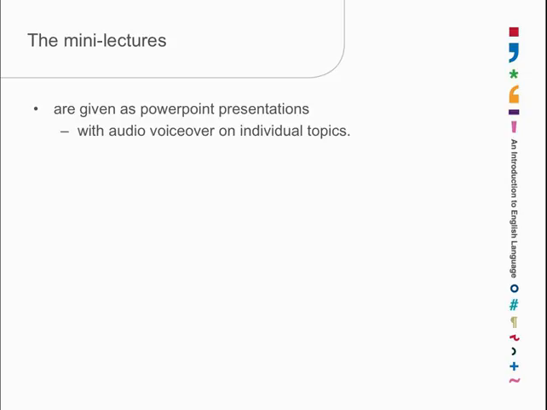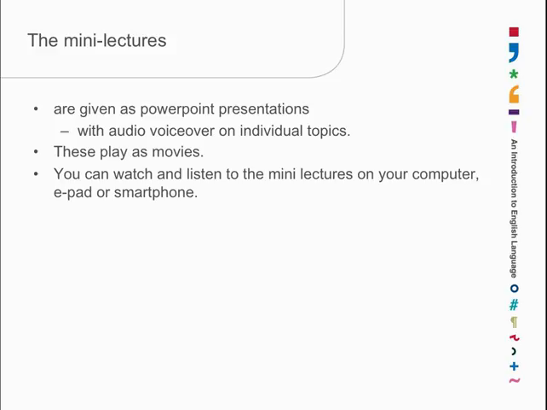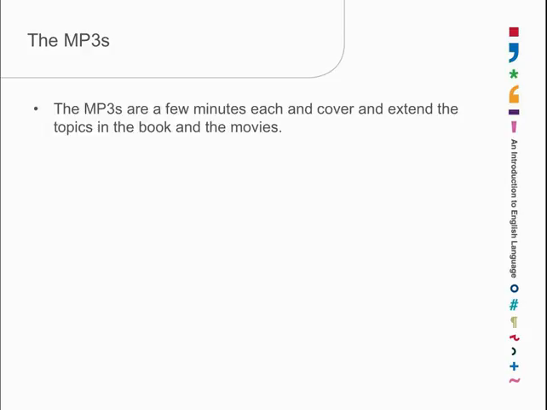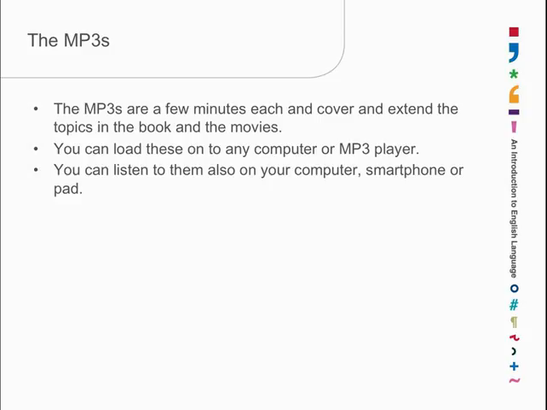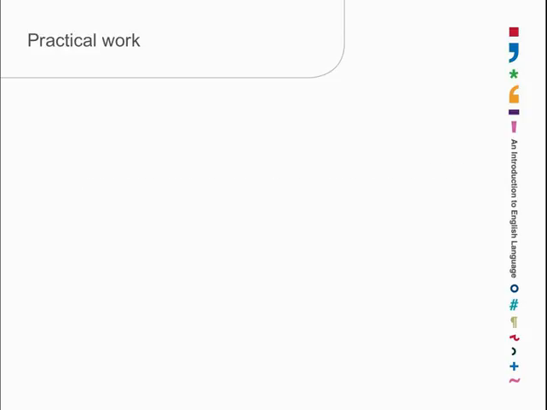They're often restricted to individual topics, and they're all in sequence, and they play as movies, and you can watch them on your computer or an iPad or a smartphone, usually no longer than 10 minutes, sometimes 15. The MP3s, again, are sound files, and you can get at them by logging into the companion website. You can load them onto your computer or an MP3 player and listen to them.